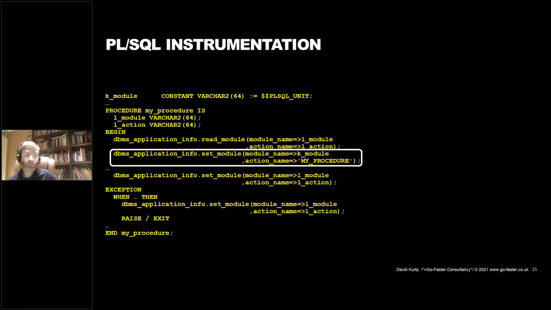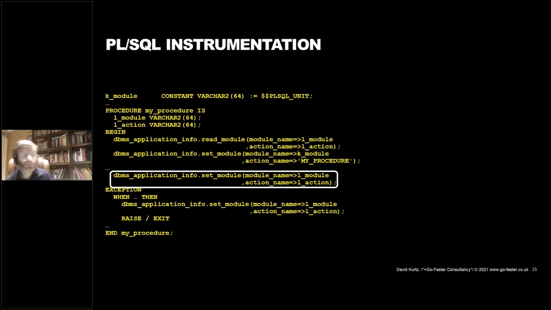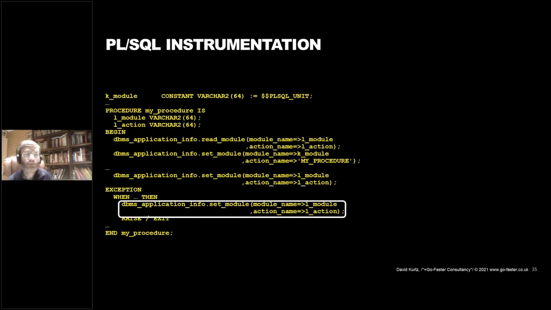In this case, I'm going to set module to my package name, then action to my procedure. And then at the end, I'll restore the saved value of module and action that I recorded at the top of my procedure. And I must also do that at every exit point and every exception.